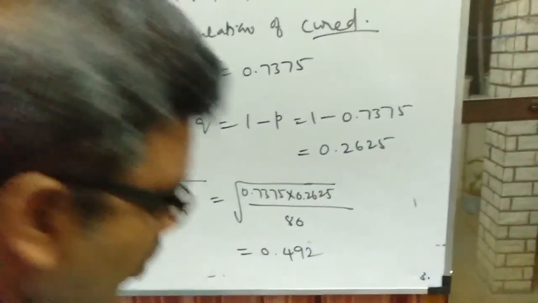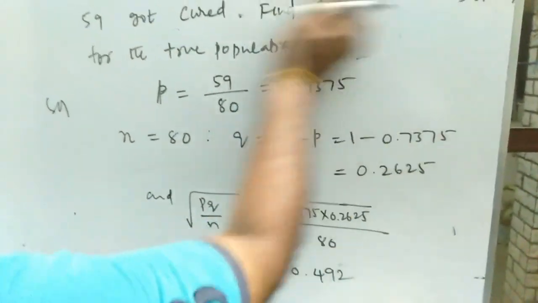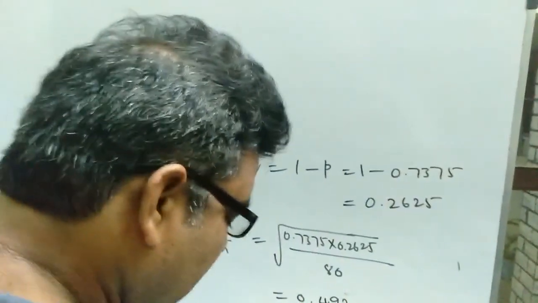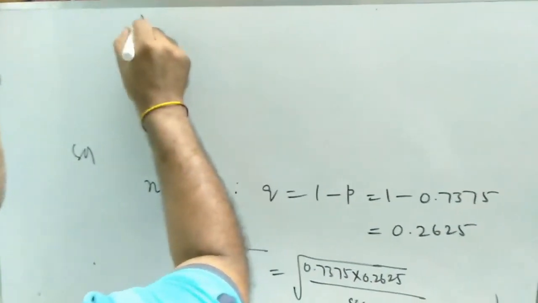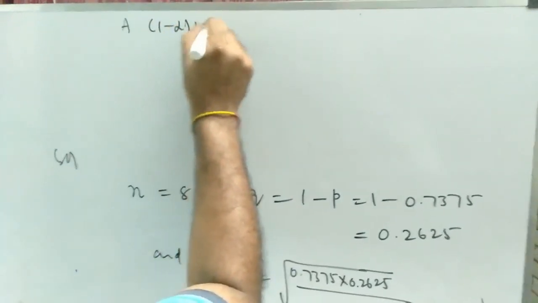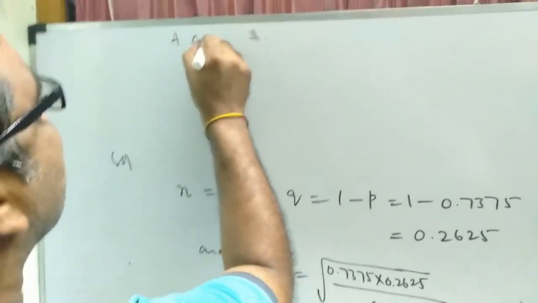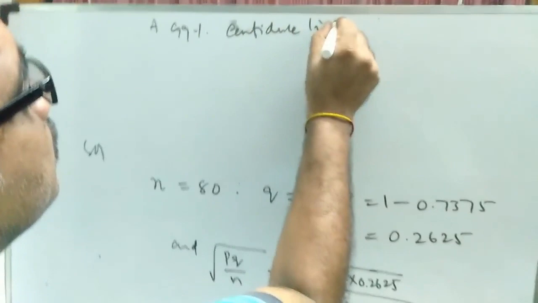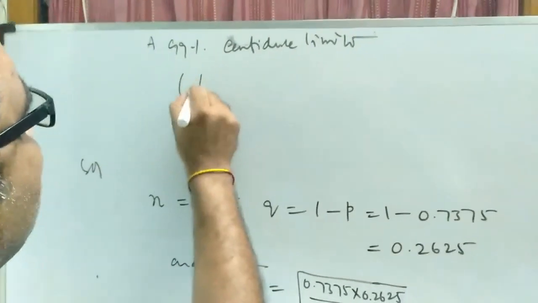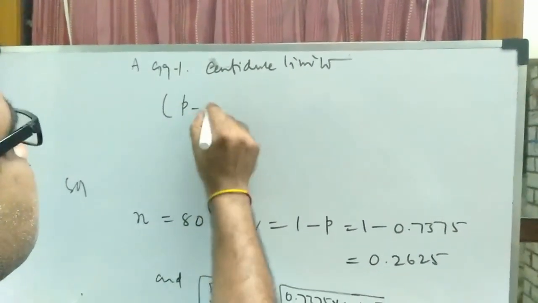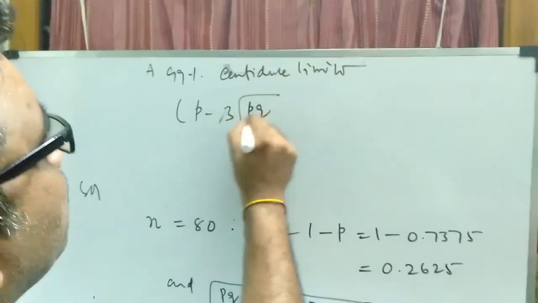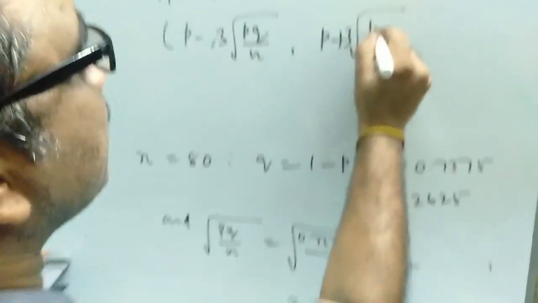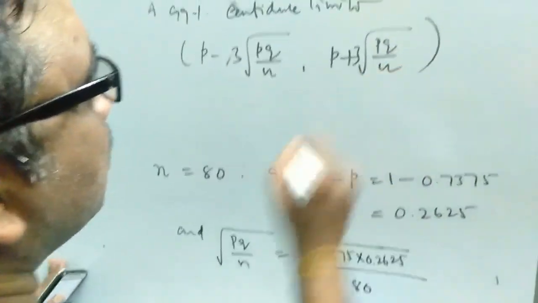So now we know that the 99% confidence limits for the true population proportion are given by small p minus 3 into root of small p into small q by n, small p plus 3 into root of pq by n.